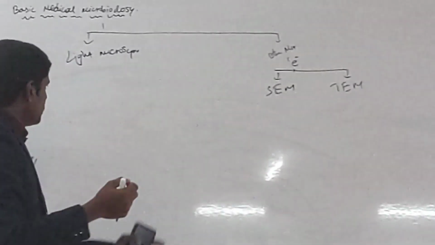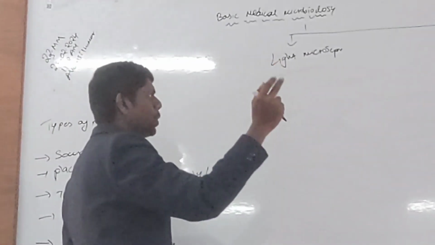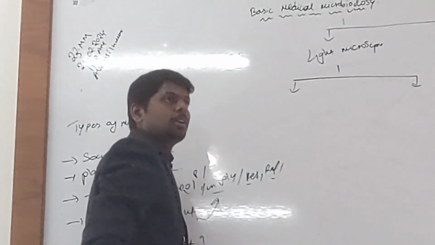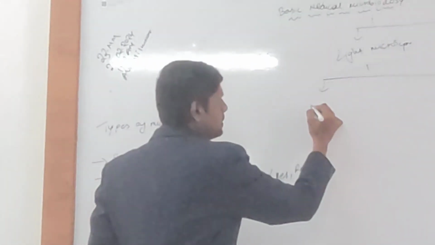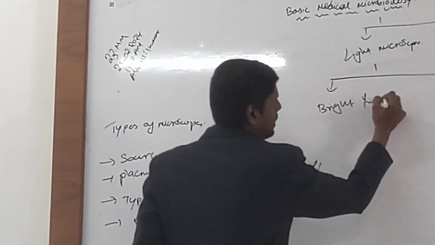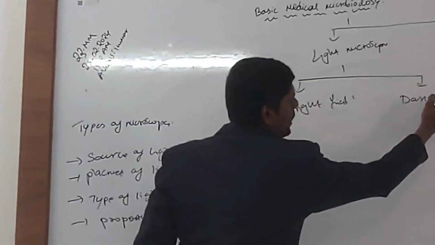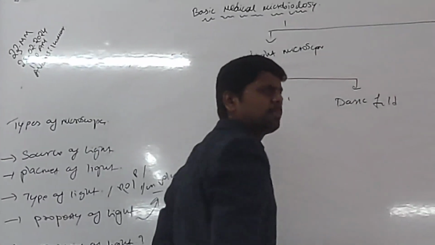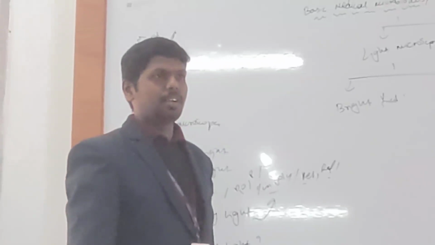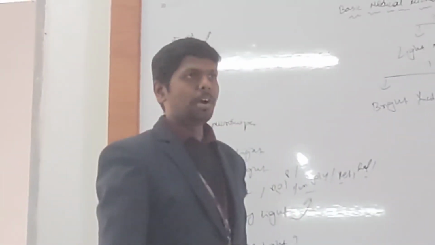Coming to light microscopy, there are two types: bright field microscopes and dark field microscopes. What is this bright field and dark field? Can anyone say what is the meaning of bright field and dark field microscopes? No idea?